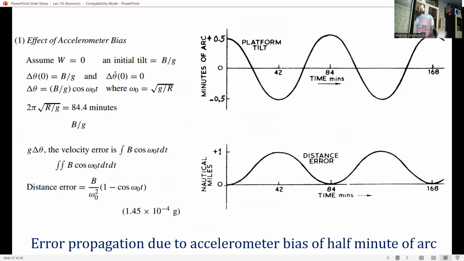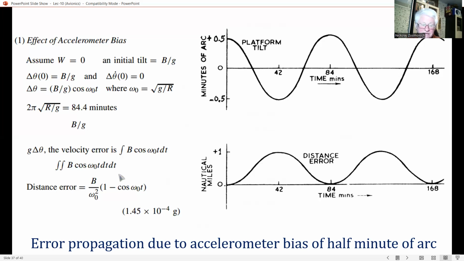The acceleration error is G times delta theta. The velocity error is the integral of B cosine omega naught T dt, and the distance error is the double integral of the same value.